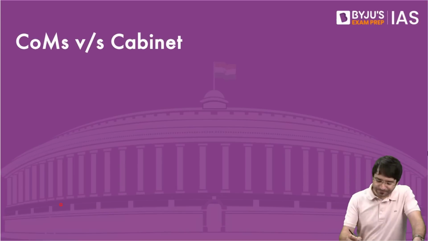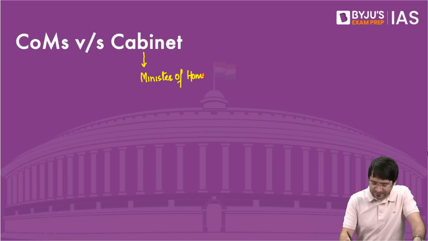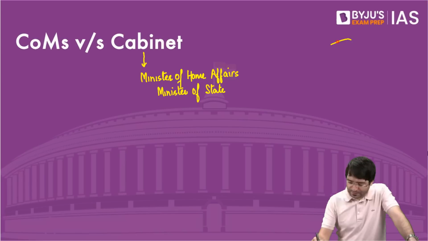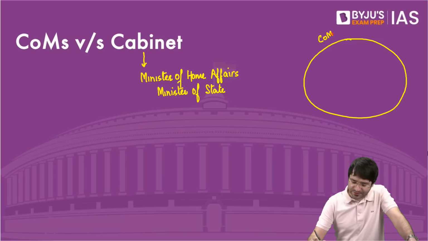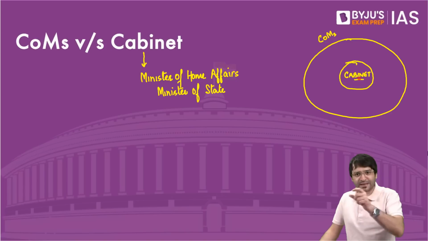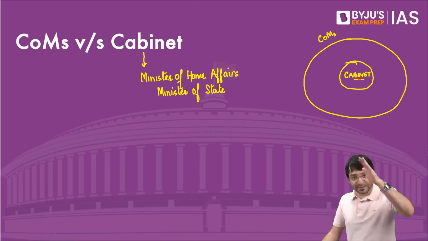And then we discussed that there is some difference between Council of Ministers and the Cabinet. And what is that difference? I told you, if we look at a superset and we call it Council of Ministers, within this Council of Ministers, we have a subset known as Cabinet. 18 to 20 are the Cabinet Ministers, those who are in charge of the entire ministry.